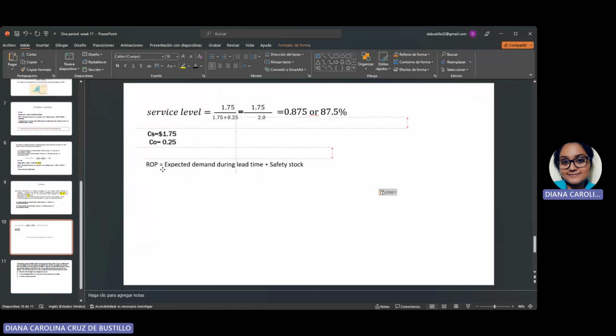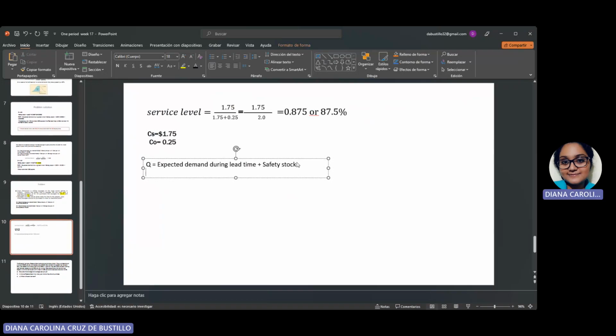Because the question of the exercise was, given these costs and everything, how much sausages you must buy for the next season. So that amount would be given by this value that I'm going to name Q instead of ROP because it might cause further confusion. So it's the expected demand during the lead time plus the safety stock.